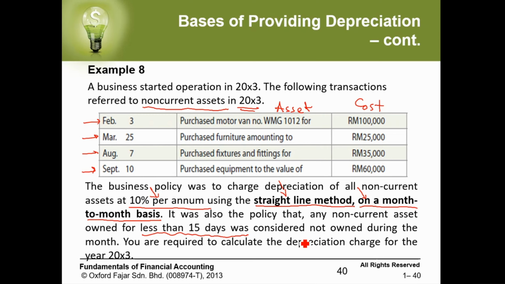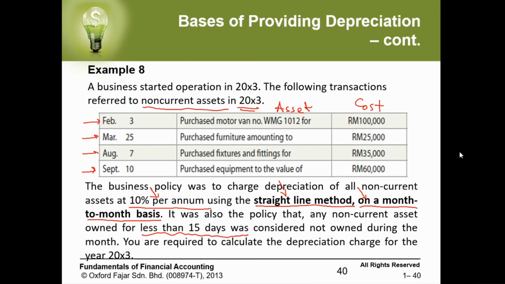Okay, so let's first calculate how many months we are holding each one of those assets. Let's go to the first asset. The first asset we have is February 3rd. So how many months till the end of this year are we holding these assets? Who can tell me?